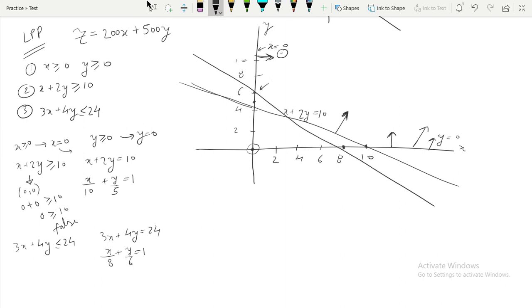This line is 3x plus 4y is 24. Now to mark the region, we just need to check the origin. If we put 0 here, 0 plus 0 is less than 24, 0 is less than 24, this is true. This means the origin is in the region of the line, so this line has this side of the region which will be consisting of the origin.